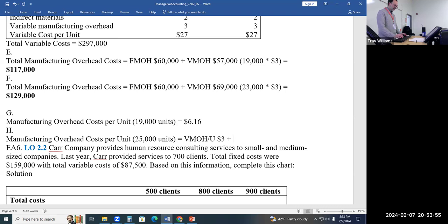And if we add to that the fixed manufacturing overhead per unit, that will give us the total manufacturing overhead per unit. So what we need to figure out is the fixed manufacturing overhead per unit if we're producing 25,000 units. So how do we do that?